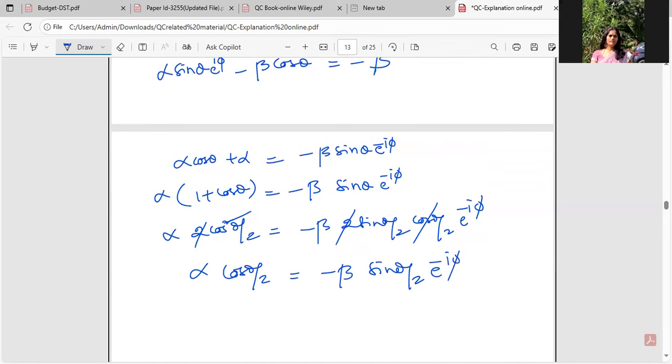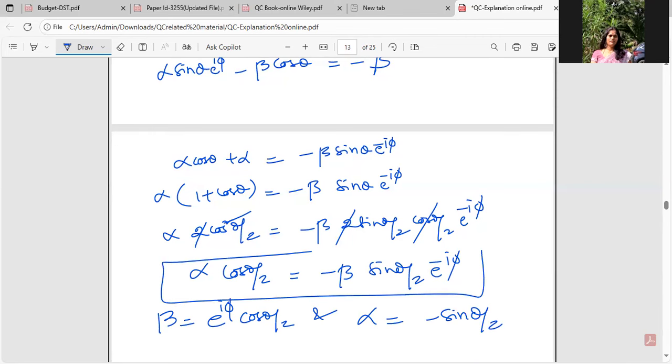Okay. Of course, to remove the negative value, I can take this side e power i phi. So beta should be e power i phi cos theta by 2, and alpha should be minus sine theta by 2 for this above equation to be valid.